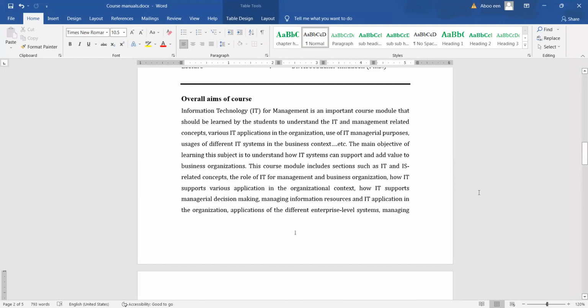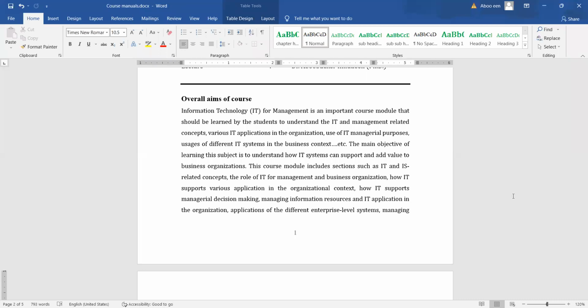And the overall aim of this course, the overall objective of this subject module. You might be aware of IT today. IT is very much essential for organizations as well as individuals.